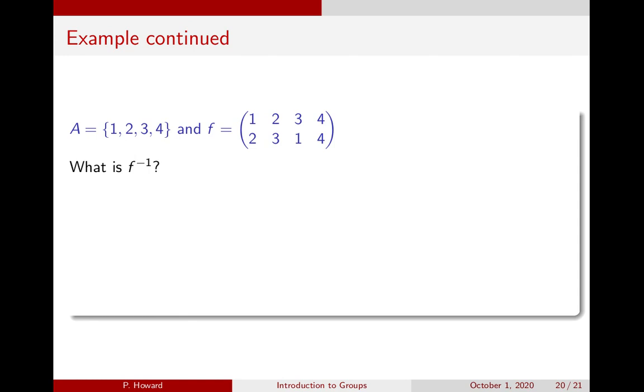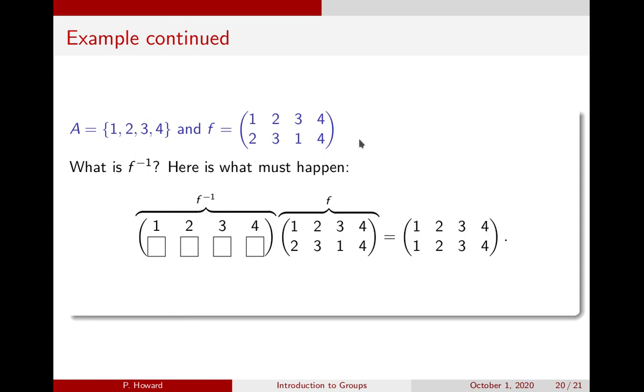Here's what has to happen: if you multiply F inverse by F, the operation here being composition, you have to get the identity element. So I would like to fill in these 4 squares so that this permutation is actually F inverse.